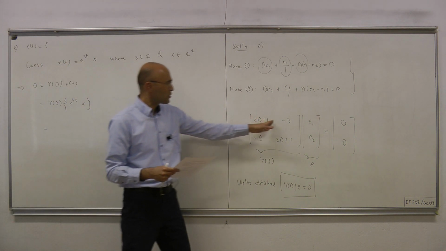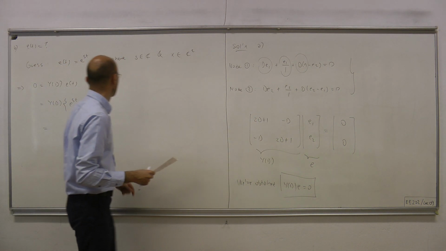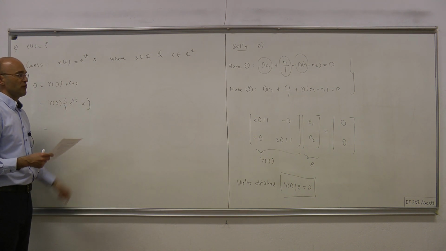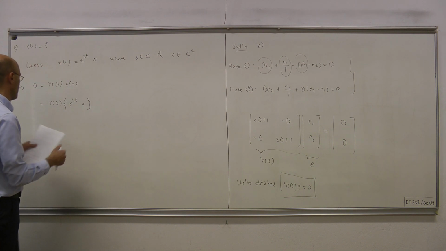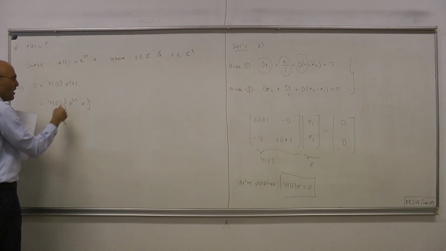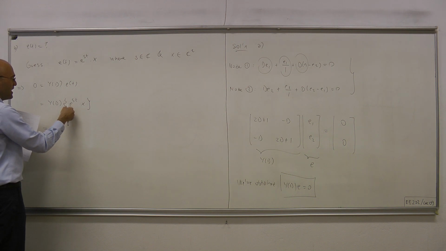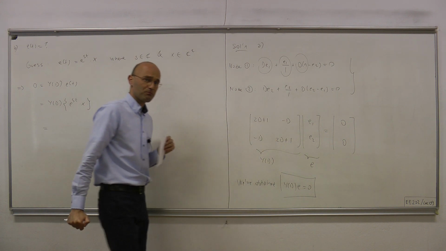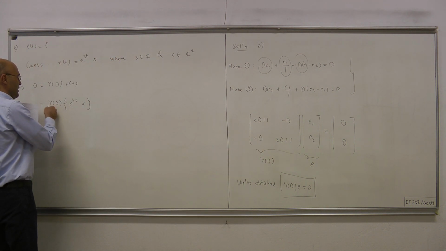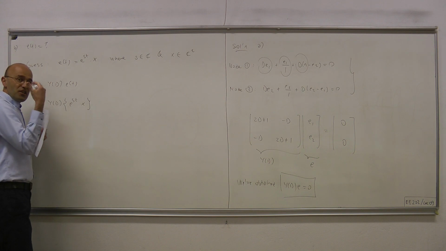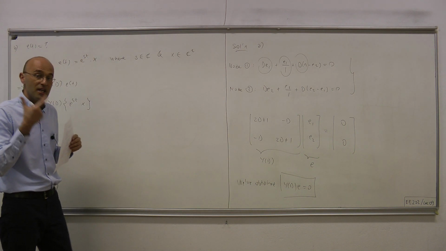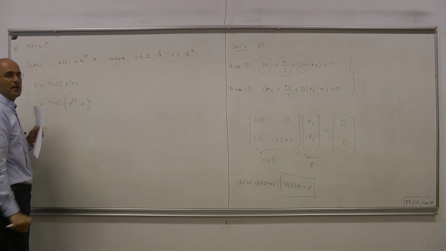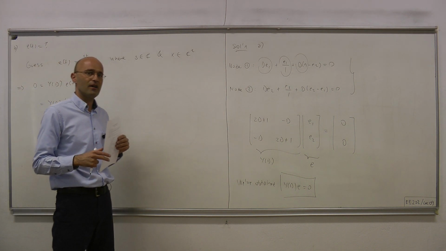All these d terms will turn into s's when E of t has this form, and then we can write this as y of s times e to the st times x. All the d's become s's, and since s is a constant, y of s is also a constant matrix, and this is a scalar, and we can carry it to the other side of the equation.